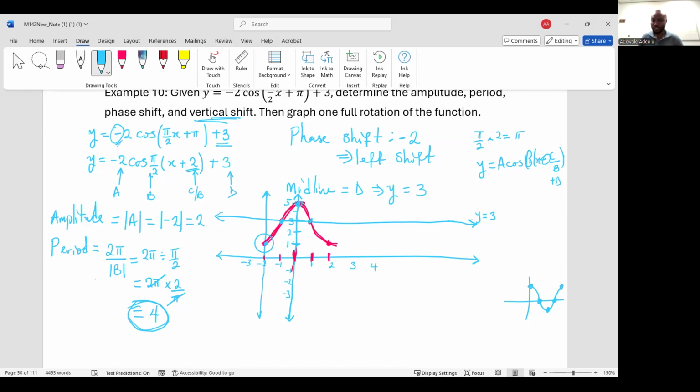Now back to 0 as we have it here, then back to the highest here, which in this case will be the least. And this part is also important. It tells us the behavior of the graph, if it is reflected or not. Because if this place is positive, then we should have something like this. That is the only thing that will be different in that problem.